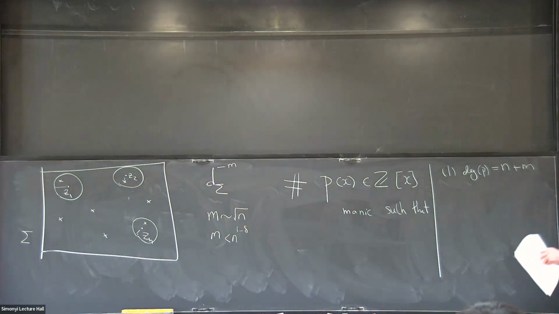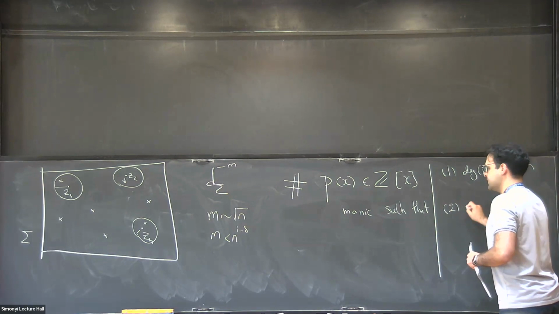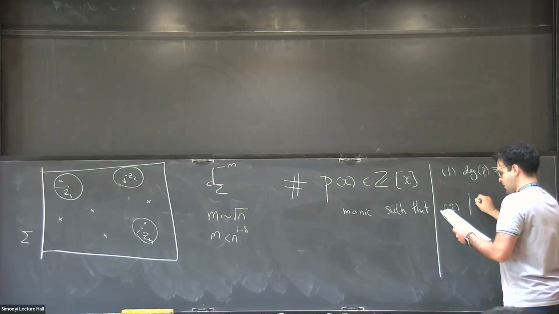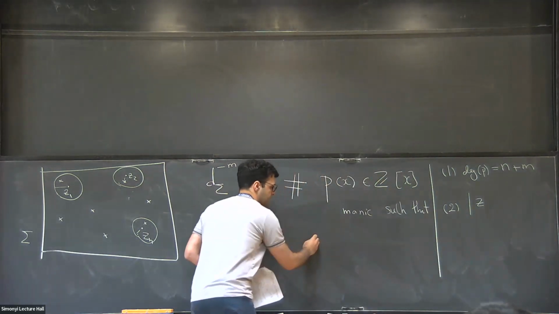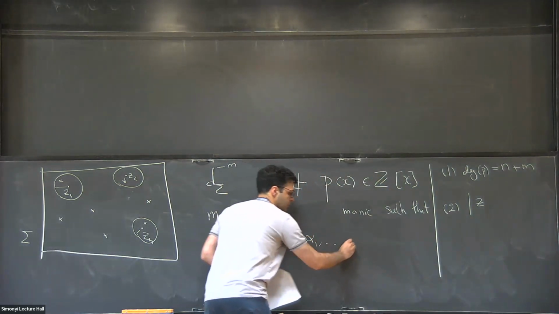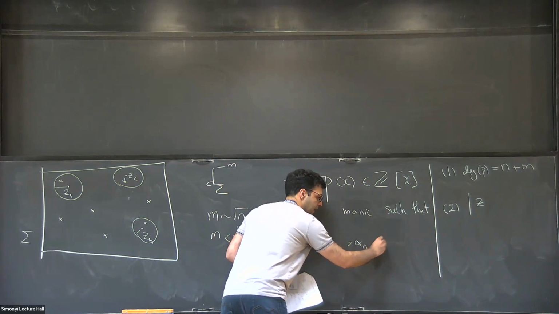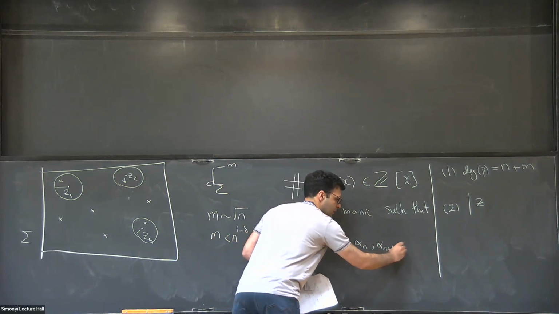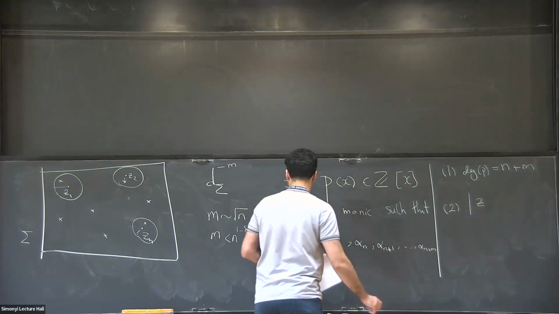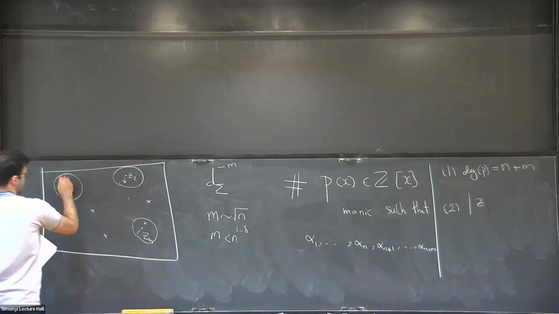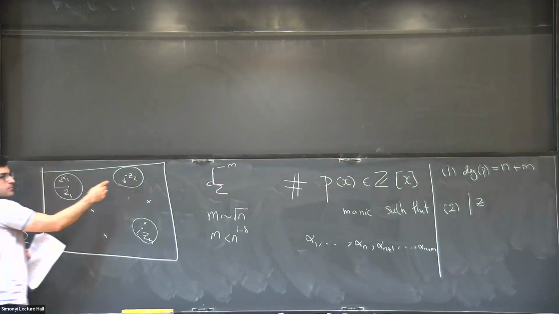And the second condition is that, let's assume P has roots, which I'm going to denote alpha 1 to alpha n, and alpha n plus 1 to alpha n plus m. So the root alpha 1 has to be inside this exponentially small ball.